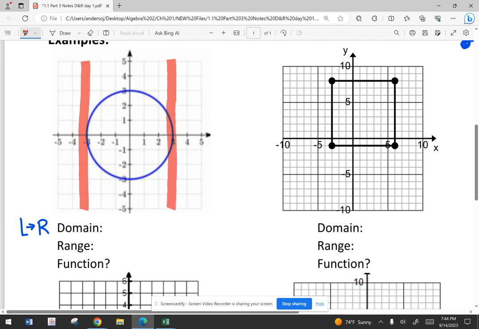What this does is this helps you tell where the left side and the right side of that picture are. This left side is at -3 and the right side is at +3. Notice those are smallest to largest. Now we have to decide whether we're using a bracket or a parenthesis.